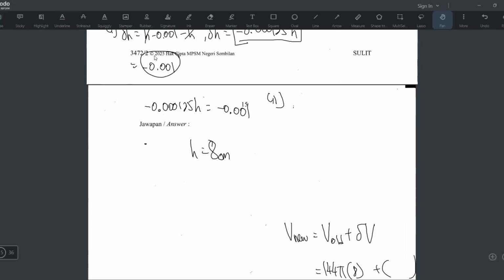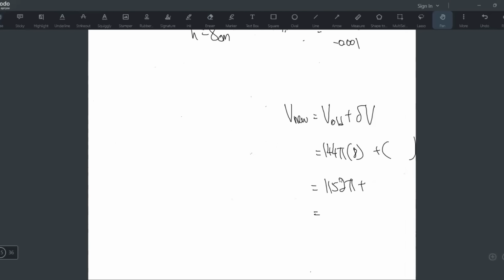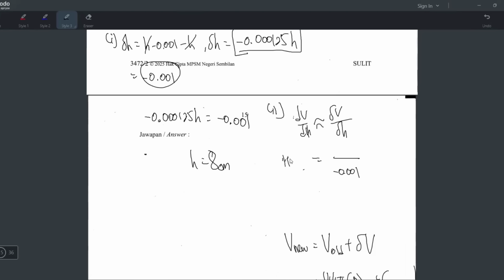All right, so the formula we're going to use is dV/dh almost equals delta V over delta h. And we already have the delta h. It's negative 0.001. And then the dV/dh is 144 pi h. But the h you should sub with the original, which is 8. But we already did it just now. We can just take it from there. 1152 pi, right? And then the delta V I can find. The pi I won't press because I want my answer in terms of pi.